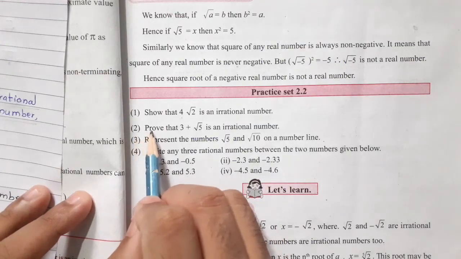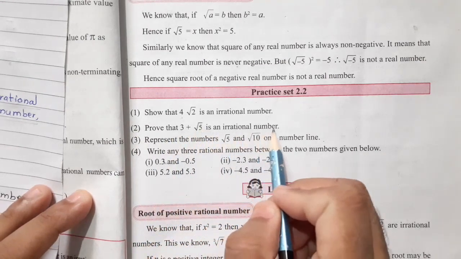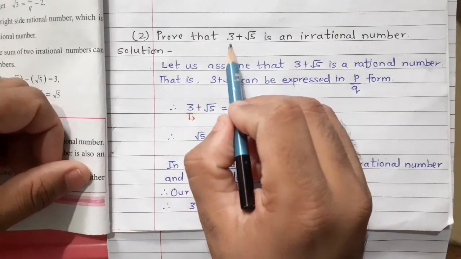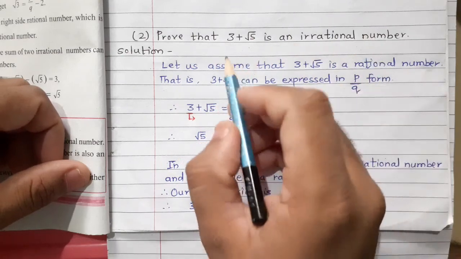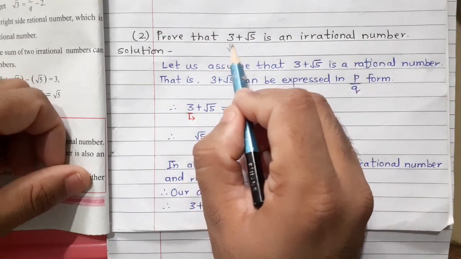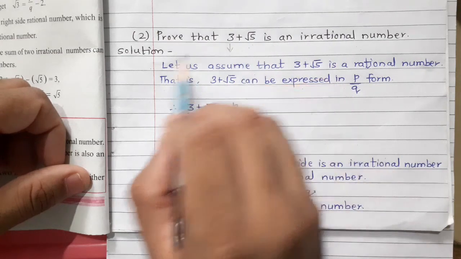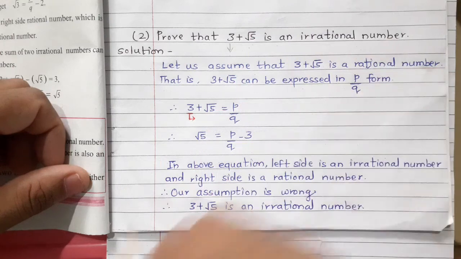Example number 2. Prove that 3 plus root 5 is an irrational number. Here 3 is a rational number and root 5 is an irrational number, and we have to prove that 3 plus root 5 is an irrational number.